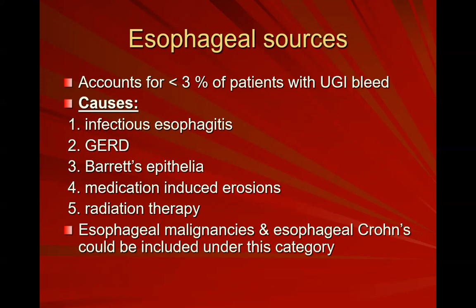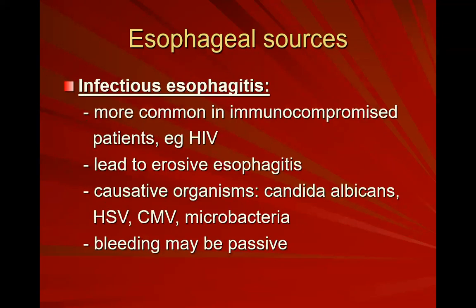GERD would also be one of the causes of esophageal bleeding, as well as Barrett's esophagus, and medication-induced erosions like NSAIDs, and radiation therapy. So this is infectious esophagitis in immunocompromised patients like HIV, associated also with organisms like Candida, herpes simplex virus, and also CMV. The bleeding may also be passive, presenting with occult bleeding.